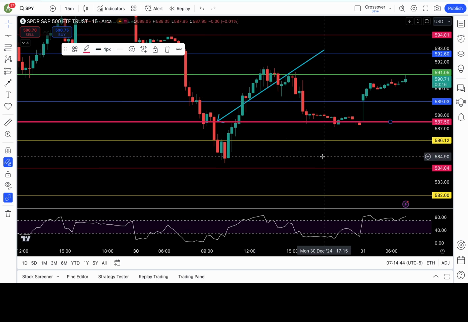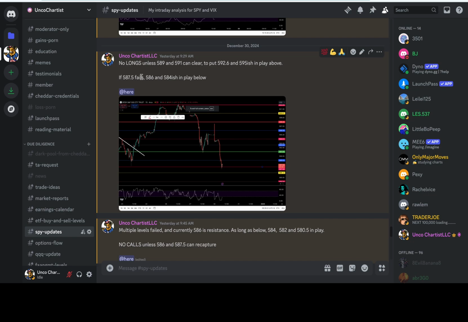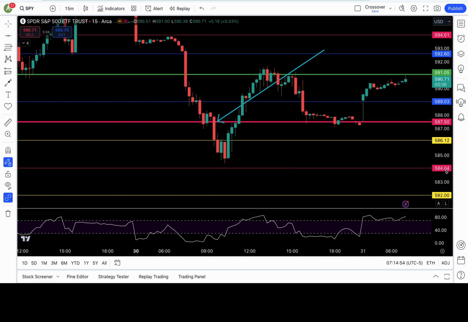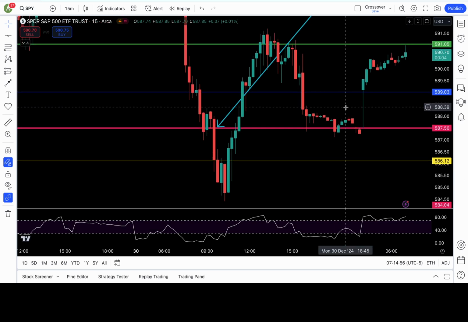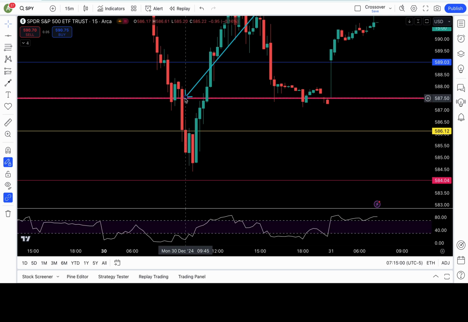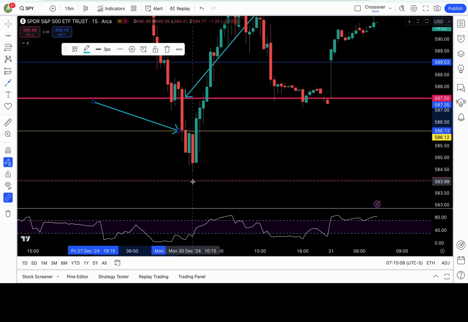That was the 587.5 level, as mentioned in my Discord and in yesterday's YouTube video. You guys can see, when do we go short? When we break down support. It broke down 587.5. It hit 586. You want to play it level to level. Good for a level to level move and leave a runner. And it went as low as 584.4.